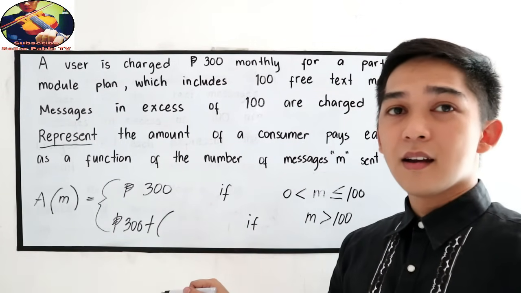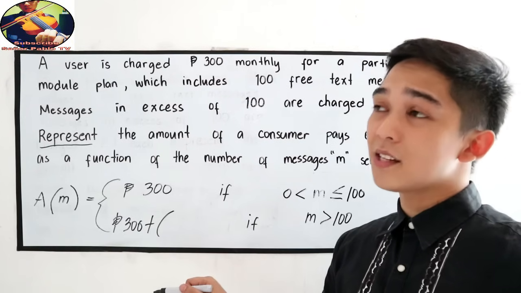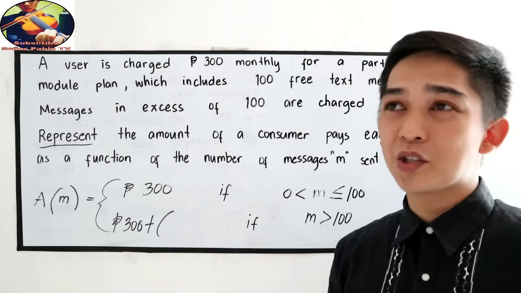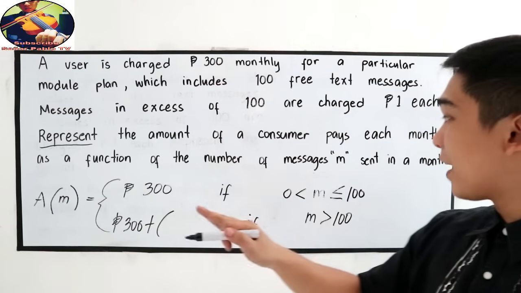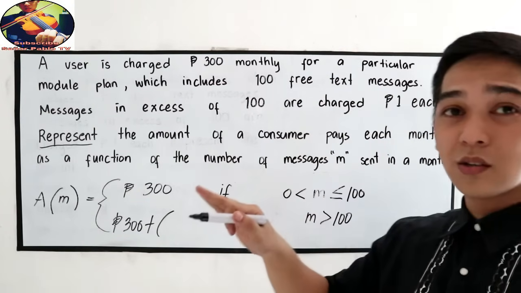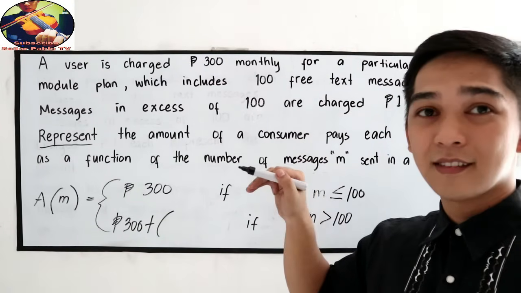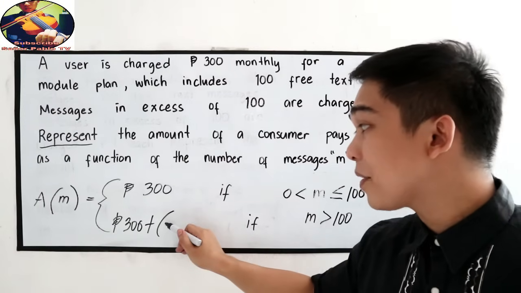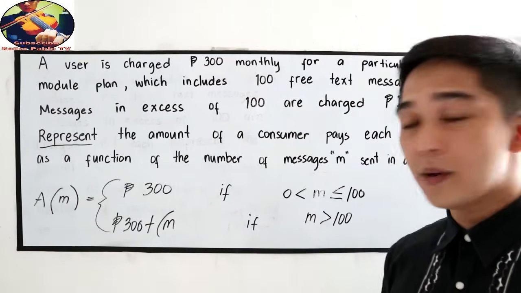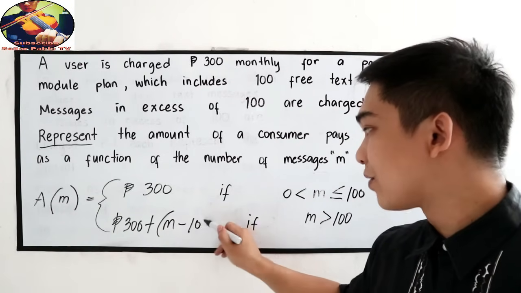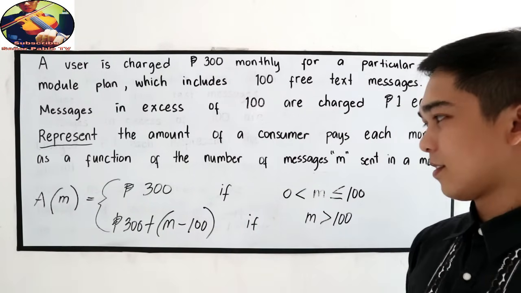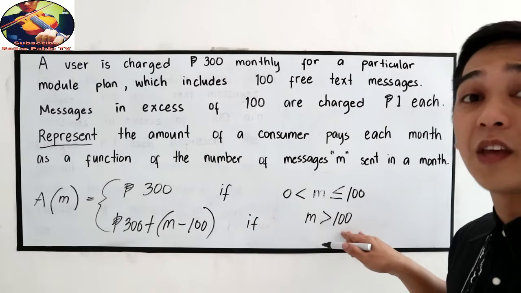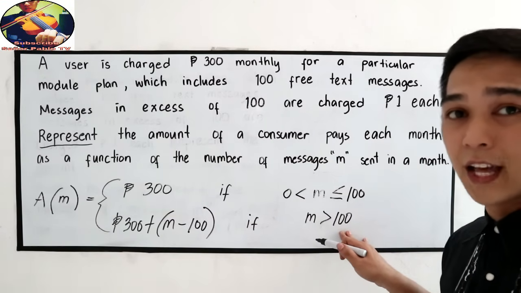Let's say, ang na-message niya ay 105. So, yung computation natin doon, 105 minus yung base natin na 100. So, magiging yung number of messages, yung M, minus 100. Okay. If M is greater than 100.